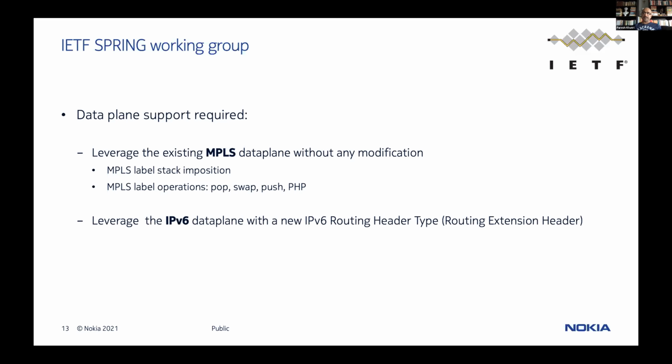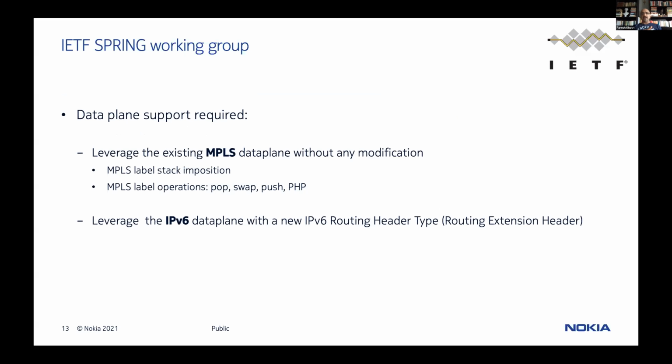Now, this is interesting because to support the IPv6 data plane, we needed to use some of the source routing capabilities of IPv6. And the way we could do this is with a new header. So for segment routing, a new routing header type has been specified. This is a routing extension header, called the segment routing header, the SRH, that's been specified for IPv6.